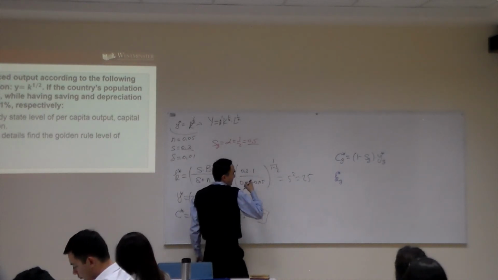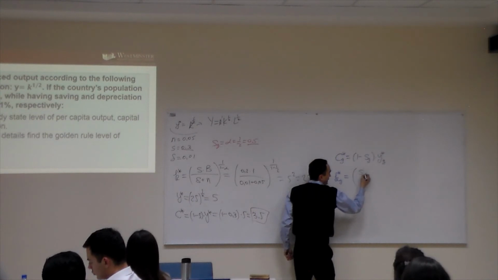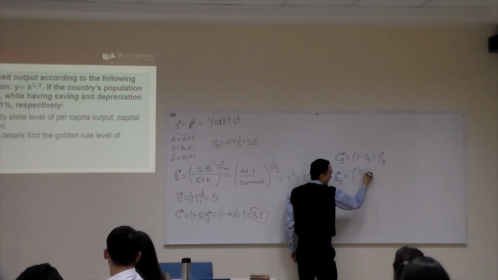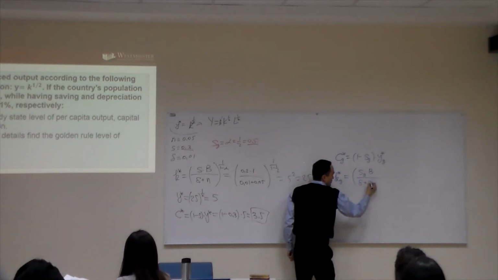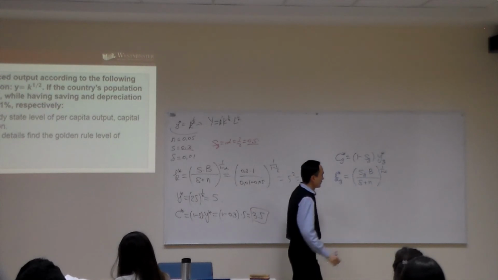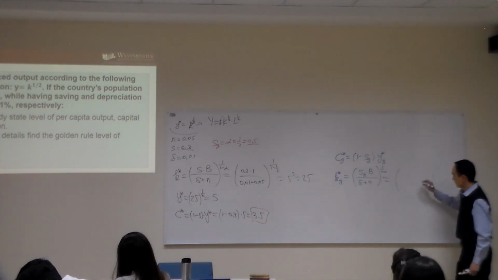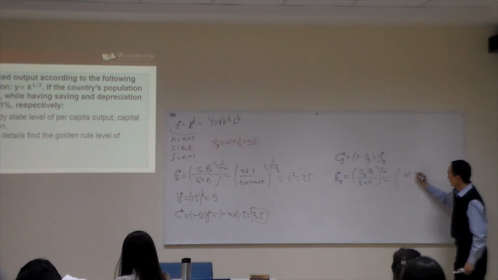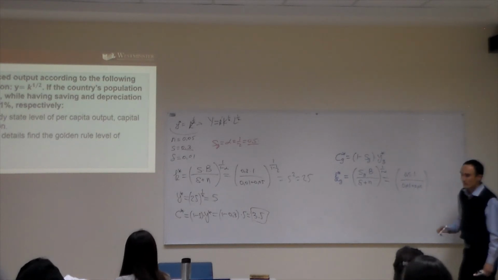It's equal to saving rate in golden level times technology over depreciation plus growth in population, to the power of 1 over 1 minus alpha. What is the golden level of saving rate? 0.5. Technology is 1, depreciation is 1% plus population is 5%.